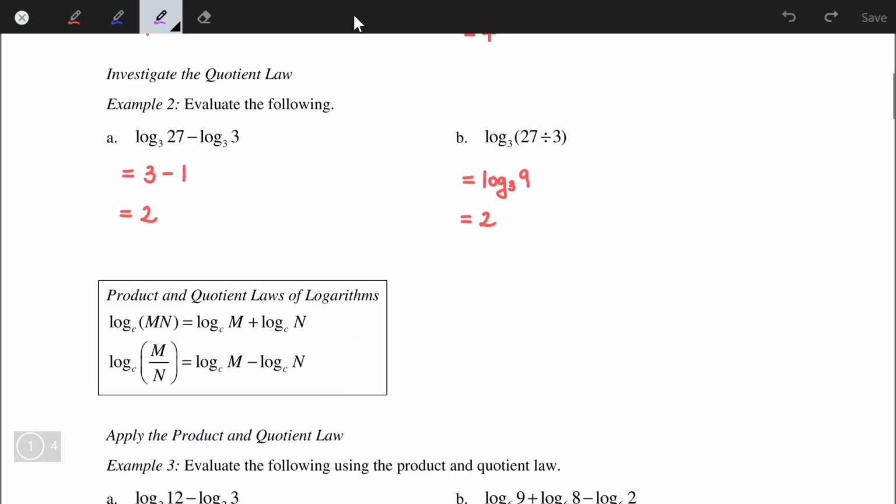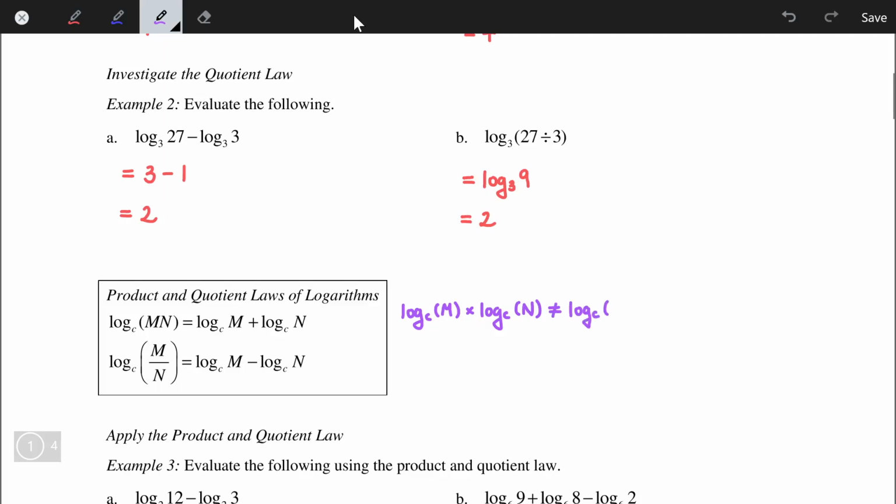Important to note as well, what that means is if we have a product of two logarithms of the same base, so for example, log base c of m, actually, let's use parentheses here, so log base c of m times log base c of n, that it is not equal to the log of the product of the arguments.